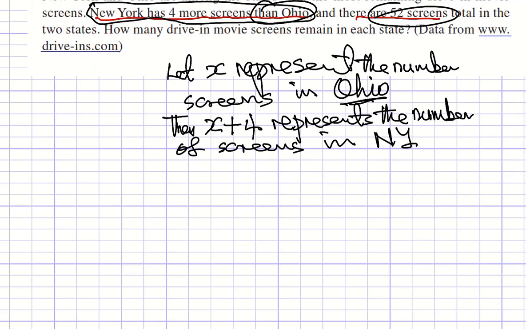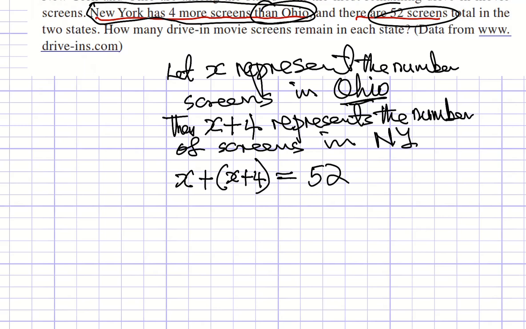Once they tell you the total is 52, then you say what is in Ohio is X, plus what is in New York is X plus 4, and both of them joined together will give you 52. Basically that's the equation there, so you need to solve it.